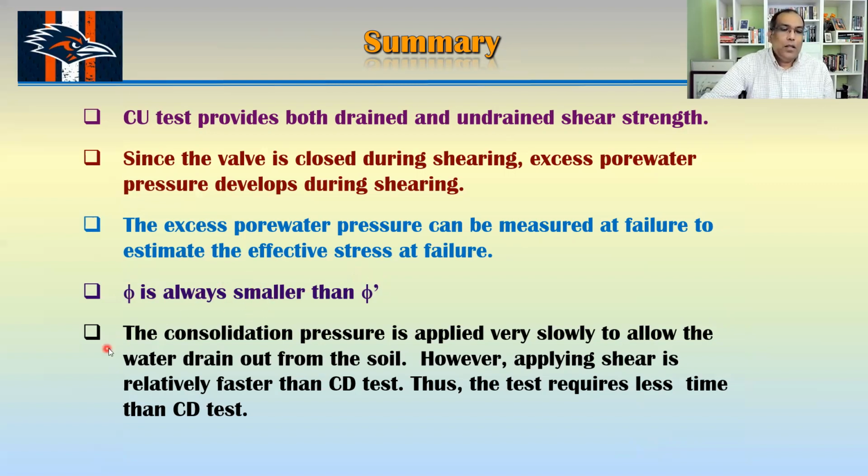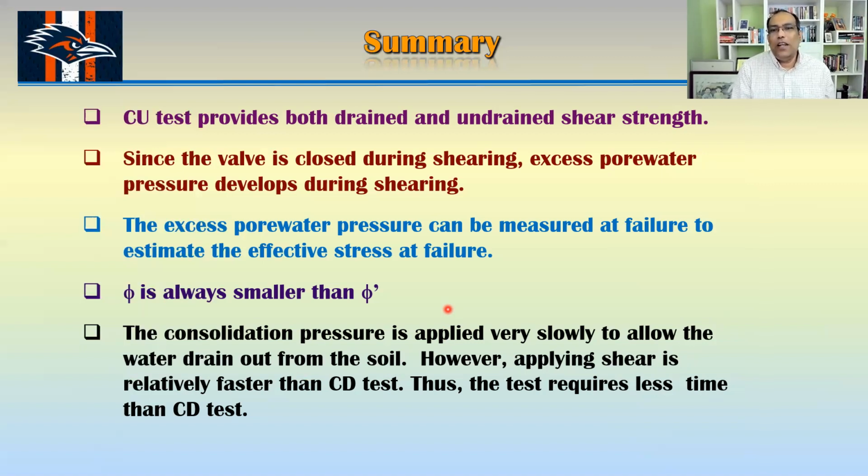Okay. The consolidation pressure is applied very slowly to allow the water to drain out from the soil. However, applying shear is relatively faster than in the CD test because it doesn't require the pore water pressure to be 0. So this test usually takes less time compared to the CD test. Let's say for a CD test you need 3 days for consolidation and 3 days for shearing.